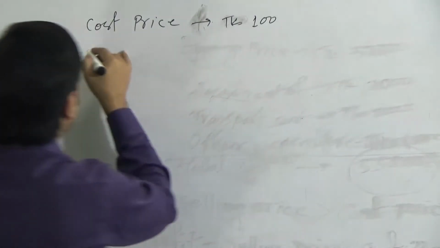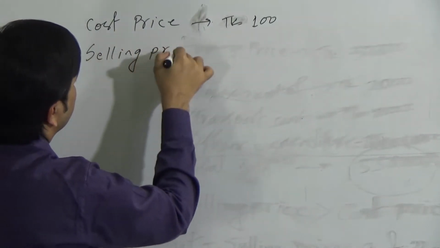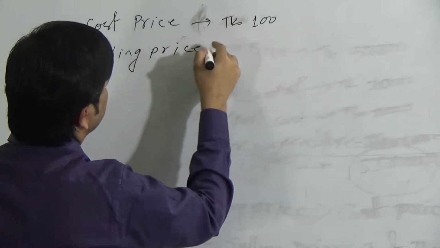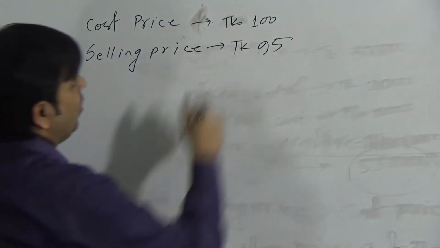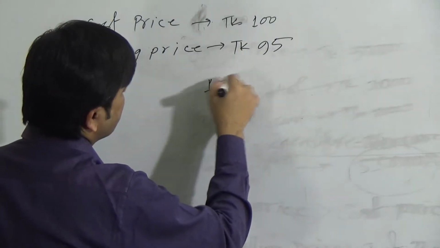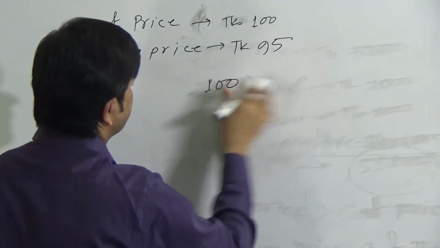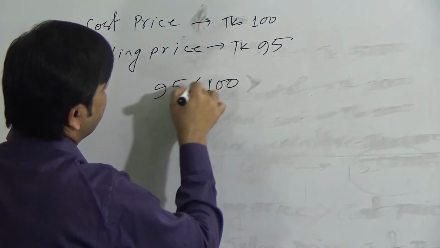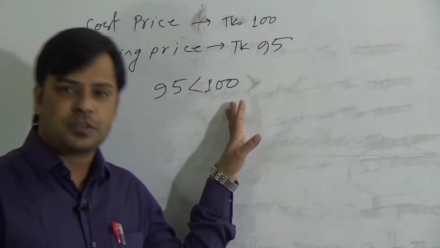If the selling price is 95 taka, then 100 is greater than 95, or 95 is less than 100. It means selling price is less than cost price.